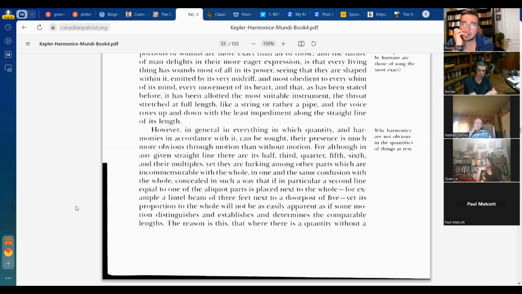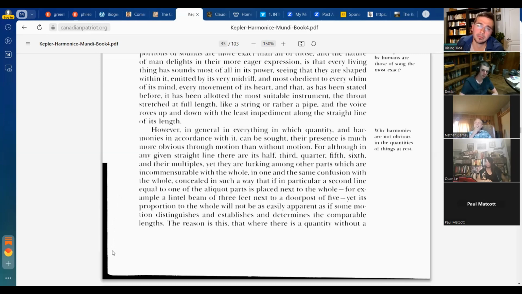For although in any given straight line there are its half, third, quarter, fifth, sixth, and their multiples, yet there are lurking among them other parts which are incommensurable with the whole, and one and the same confusion with the whole, concealed in such a way that if in particular a second line equal to one of the aliquot parts is placed next to the whole, for example, a lintel beam of 3 feet next to a doorpost of 5, yet its proportion to the whole will not be easily apparent, as if some motion distinguishes and establishes and determines the comparable lengths.